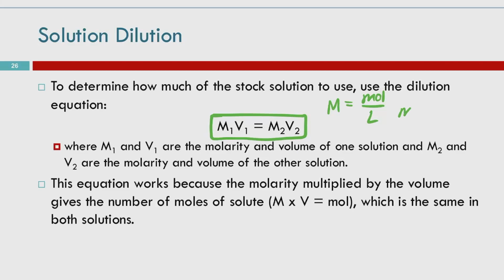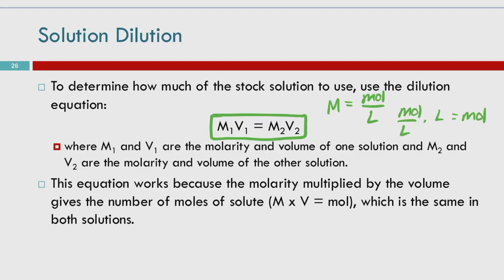And so if we take moles over liters and multiply it by liters, then that's a number of moles. So in this M1V1 equals M2V2, we're saying on the left side we've got moles in one solution, and on the right side we also have moles, just in the different solution. But the number of moles is the same.